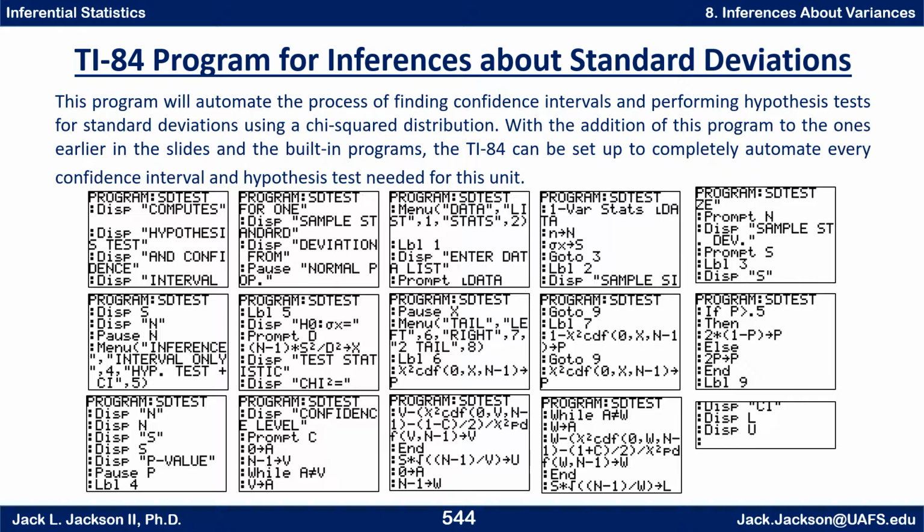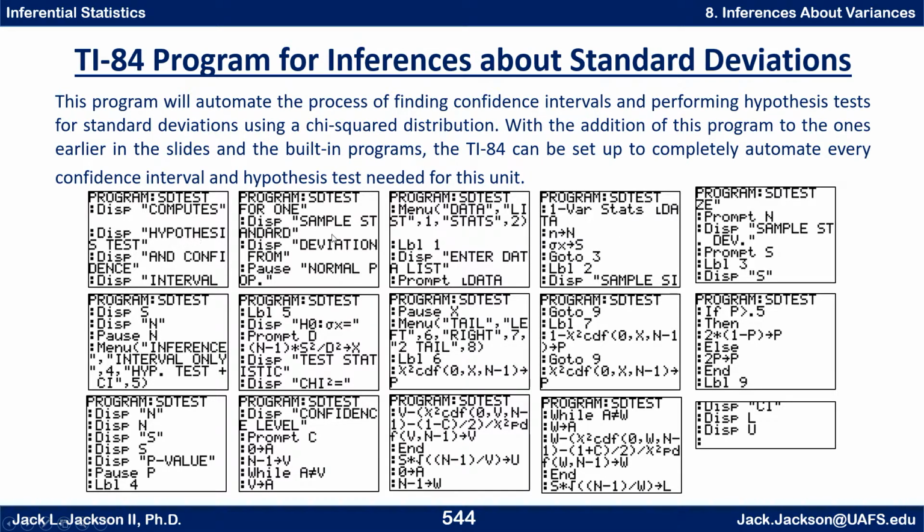So with the addition of this program and maybe one more to the ones earlier in the slides and with the built-in programs, the TI-84 can be set up to completely automate every confidence interval and hypothesis test needed for the videos in this playlist, which is my last unit in my course. So anyway, here's the program. It's this one first, then go across like you read.